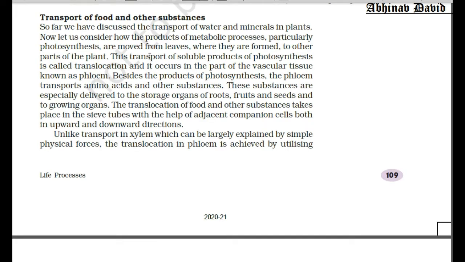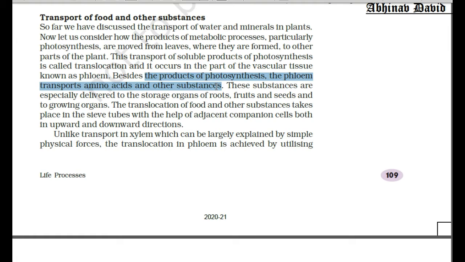So, you can underline from the NCERT: the transport of soluble products of photosynthesis is called translocation, and it occurs in the part of the vascular tissue known as phloem. Besides the products of photosynthesis, the phloem transports amino acids and other substances.